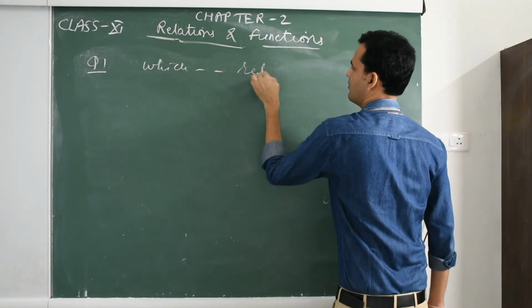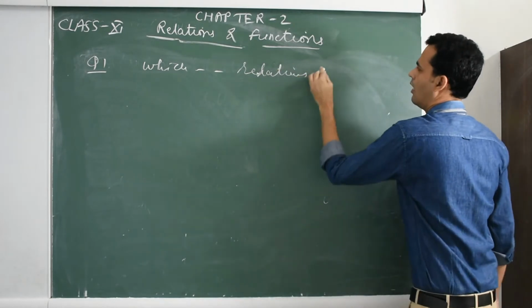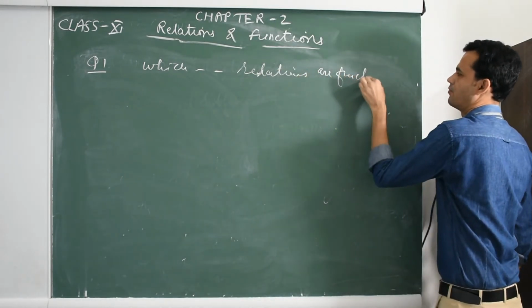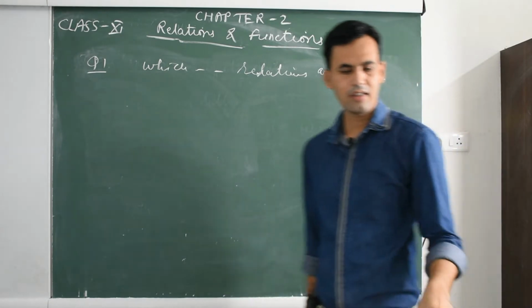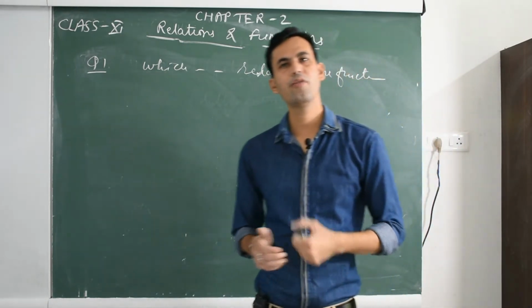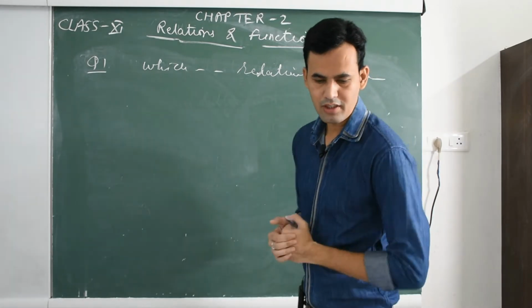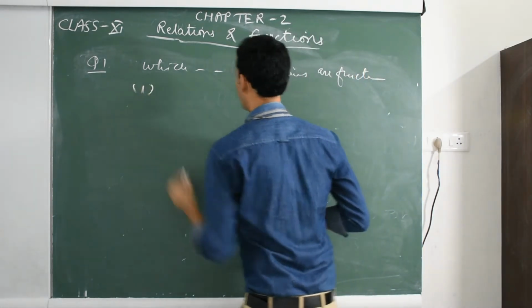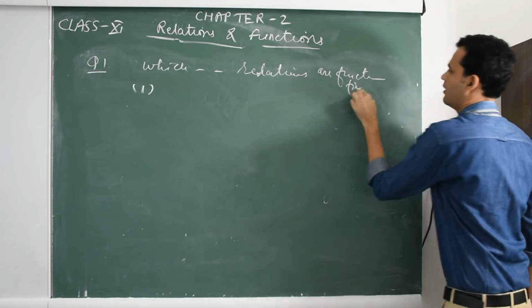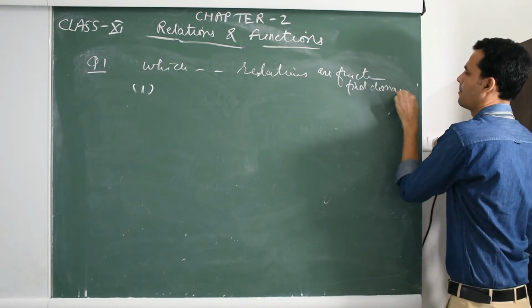So there are some relations given, and we have to find which relation is also a function. First is given as, and also we have to find the domain and range.